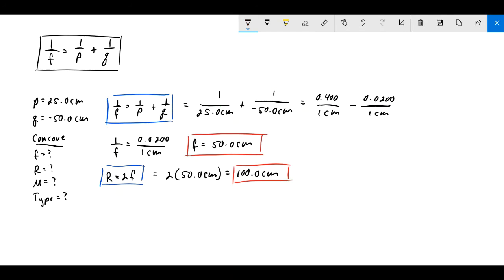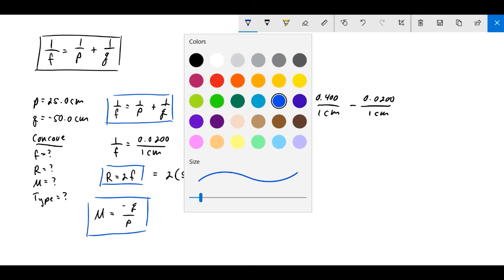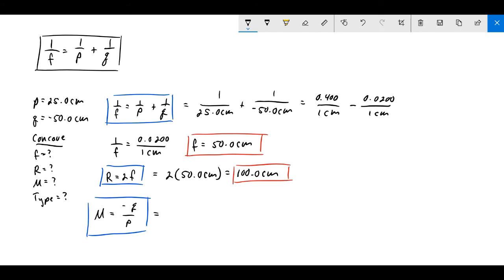Now, we do have a couple of ways that we can figure out what our magnification is. And in this case here, because I have our image and object distance, I can use the magnification equation that has minus q over p. So if I put the numbers in for this, I have minus.